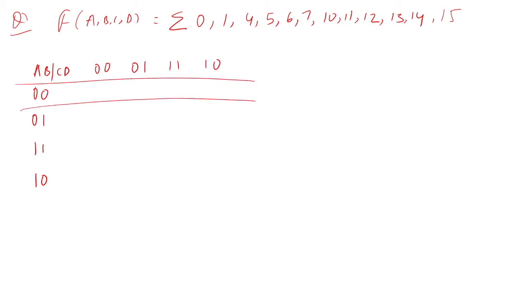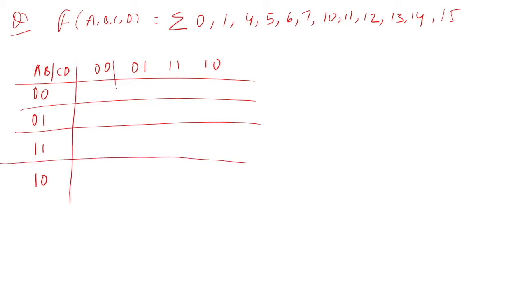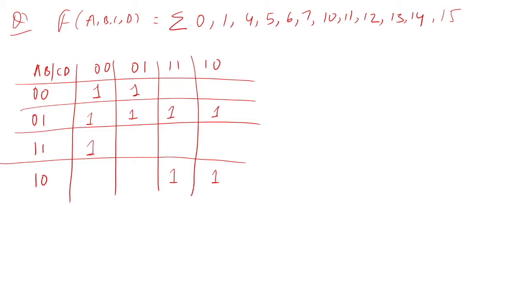And now this is 0, this is 1, this is 4, this is 5, this is 6, 7, 10, 11, 12, 13, 14 and 15.